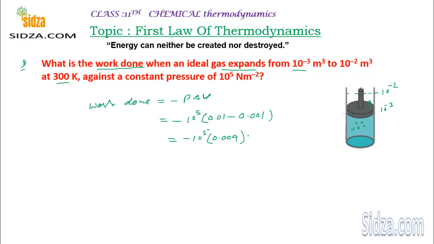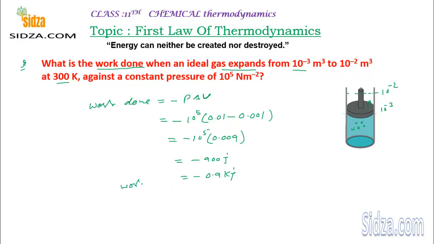So the work will be equal to minus 900 joules, or minus 0.9 kilojoules of work.